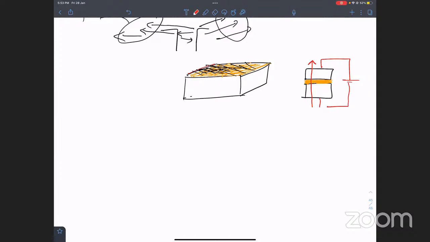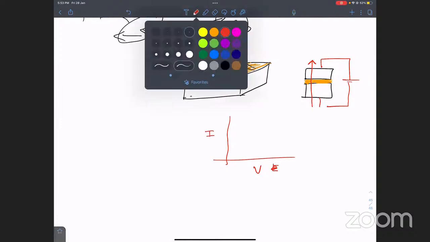Now you have all kinds of very interesting things happening. Let us say I do this experiment. I'm going to have different voltages on the x-axis, and that is tantamount to how much energy the electron has. And on the y-axis, I'll have current. So I have an IV curve. Can you imagine what the IV curve looks like?